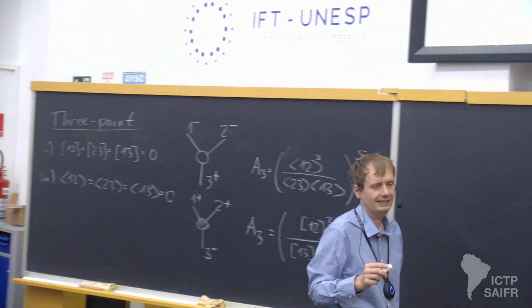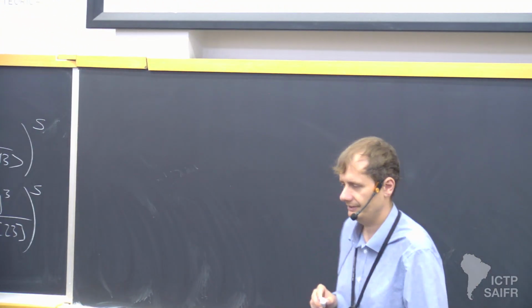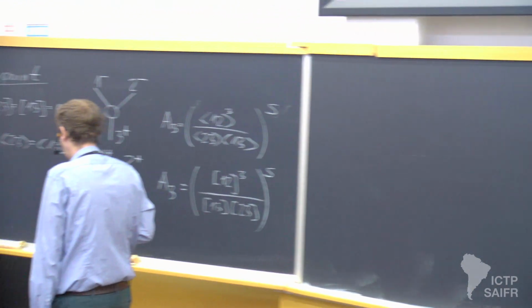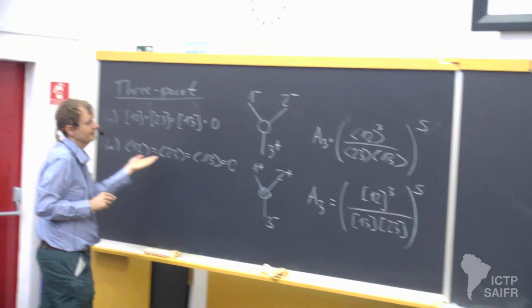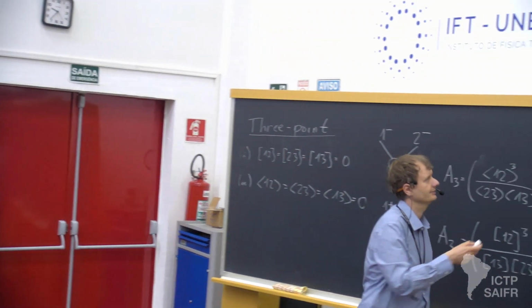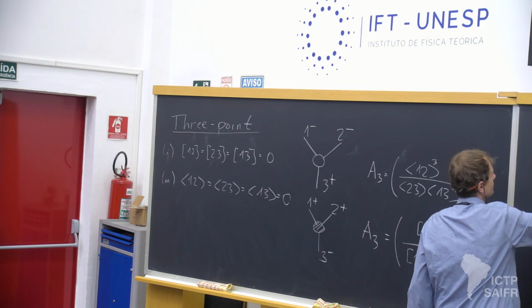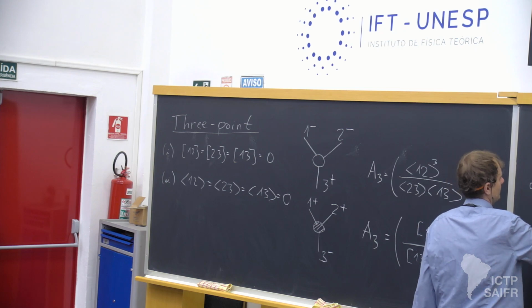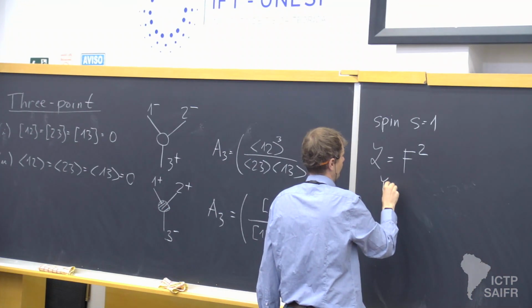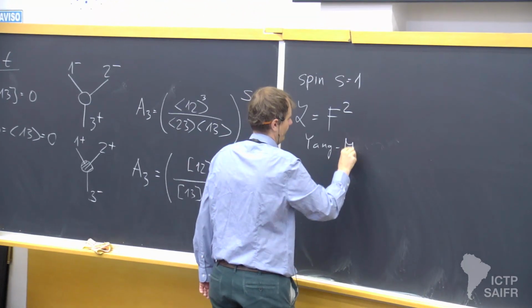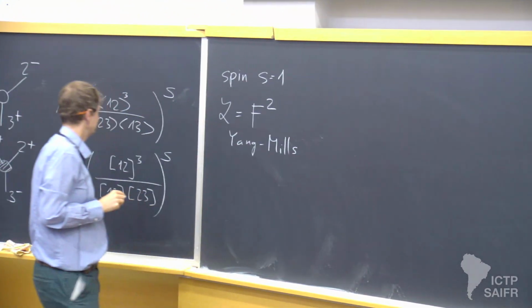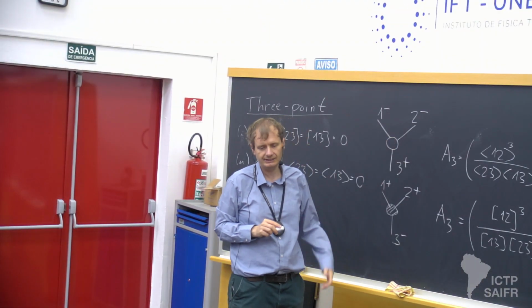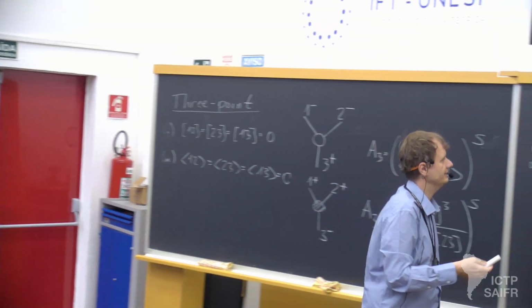Then I left this exercise at the end of yesterday's session. If you ask in which theory these are the 3-point amplitudes for spin 1, we wrote the Lagrangian for Yang-Mills theory and asked if these amplitudes minus, minus, plus and plus, plus, minus are indeed amplitudes in Yang-Mills theory. And for that, it's indeed true.